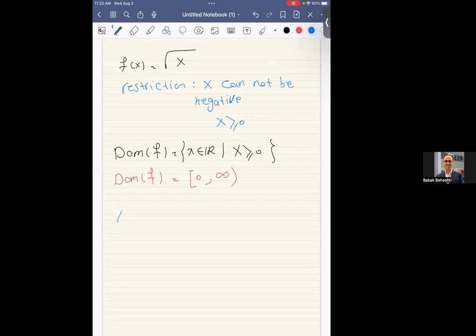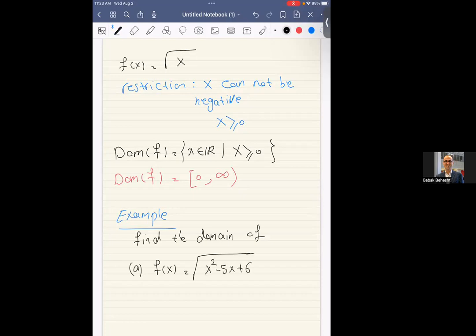Example: find the domain of f of x equals the square root of x squared minus 5x plus 6.